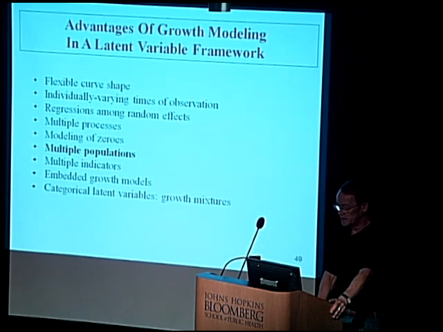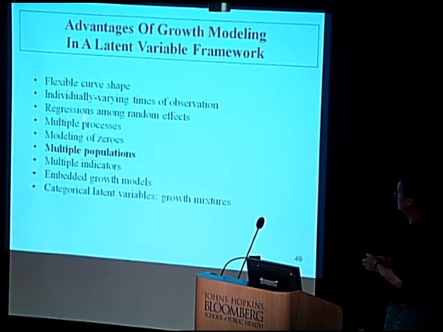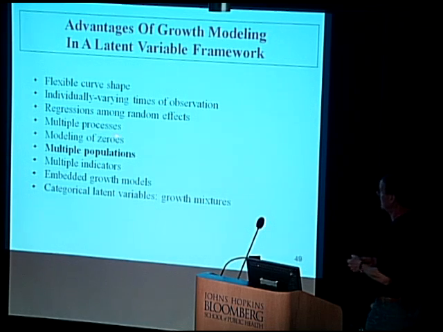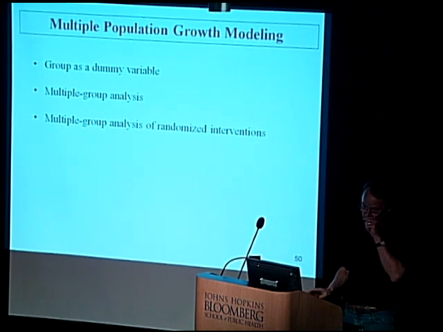So this is going down our list again to see where we are in the table of contents, so to speak. We talked about modeling of zeros. Now you know what it is. And we are now turning towards the rest of the day here. Multiple populations is the next topic. And we're going to make a distinction between 3 cases.